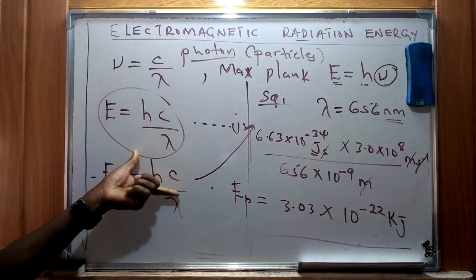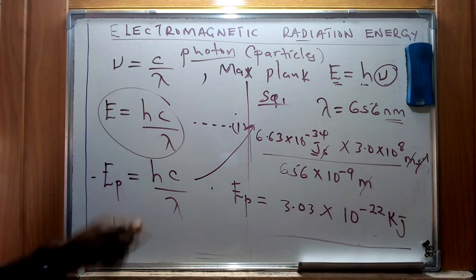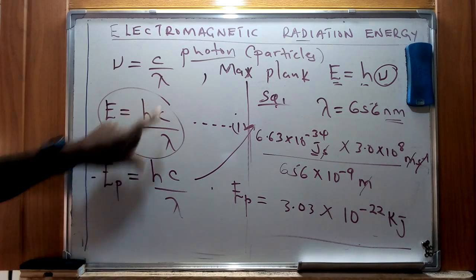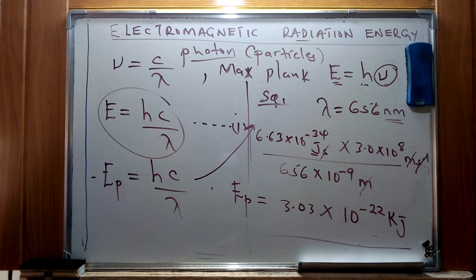So basically, from our first video on the description of various aspects like the wavelength and of course the frequency, we can see that we have advanced to this point whereby we're going to calculate the energy of electromagnetic radiation, which we have said refers to the transitions that we're going to encounter.